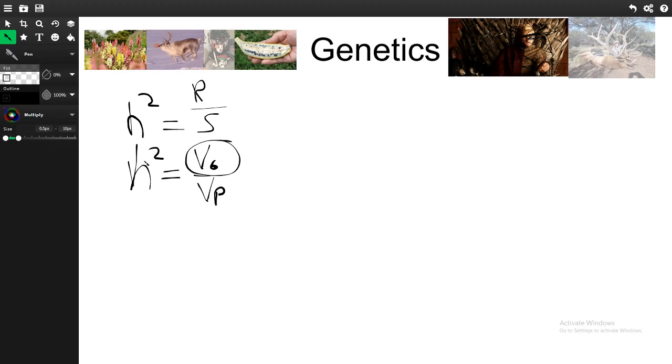So the higher the H squared or heritability value, the more and faster change in phenotype between the parents and the offspring there will be. If heritability is low, selection really has very little effect on change.